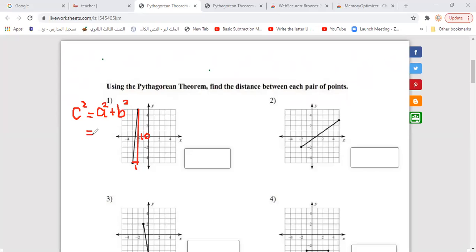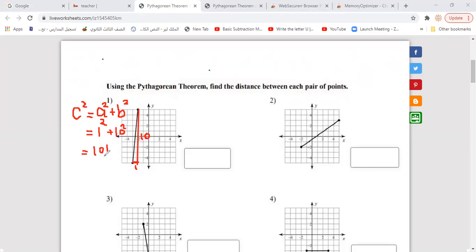Whatever A and B, as I said, it doesn't matter if you choose A as a base or B as a base. One will be A, second will be B. Then I'm looking for 1 to the power of 2 plus 10 to the power of 2, which means it will be equal 101.